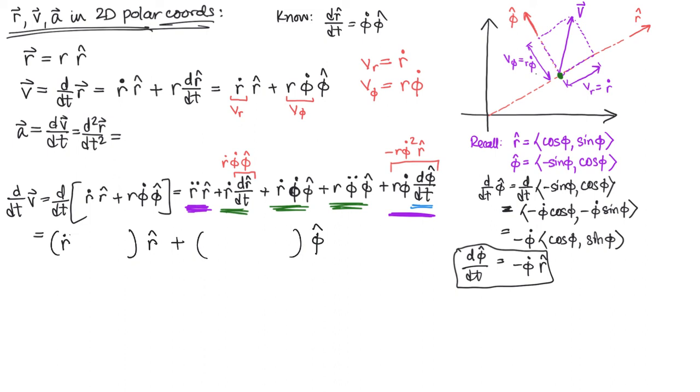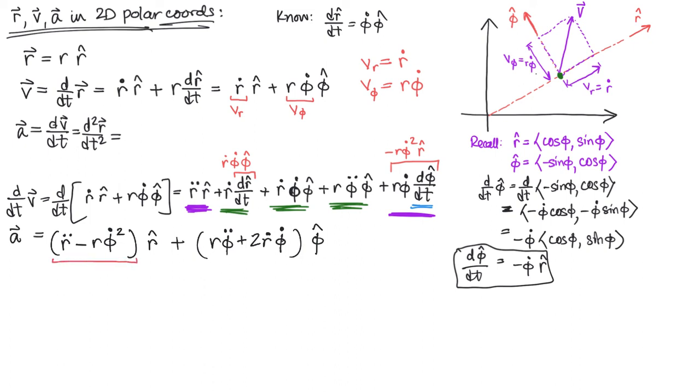The 2 terms here are the purple terms. And the phi hat terms are r phi double dot plus 2 r dot phi dot. And that's your acceleration.